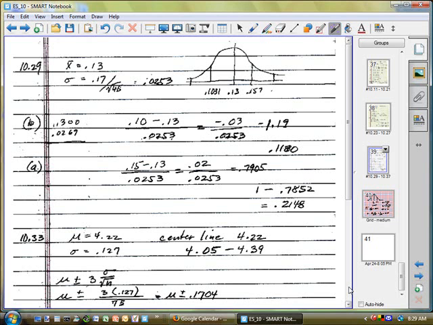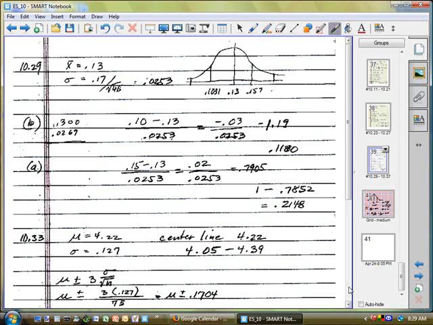But 0.79 is not in the problem. If you find 0.79, then it would be 78.52 inside the table. And then you subtract that from 1. So you're saying the z-score is 0.79?